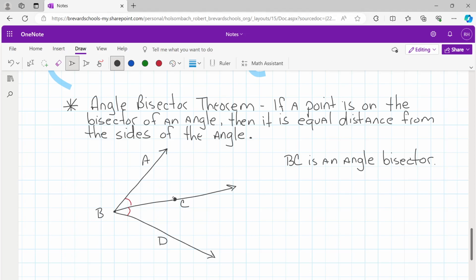Now, when you're measuring distance from the side, we've got the side of this angle, AB, and we're trying to find the distance to point C. That distance has to be measured along a perpendicular. The distance from a point to a line is measured along a perpendicular segment to the line. The distance from point C to side BD also needs to be measured along a perpendicular.